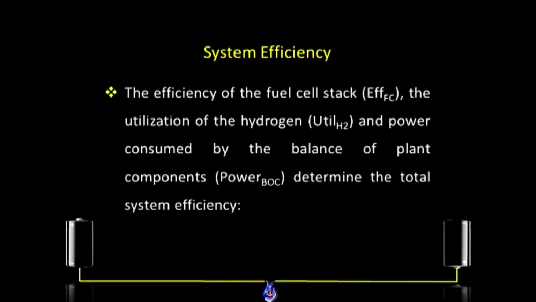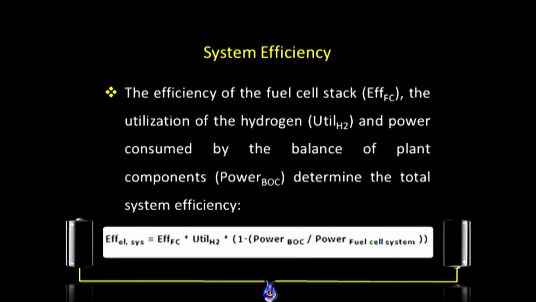The efficiency of the fuel cell stack, that is EFF subscript FC, the utilization of the hydrogen and the power consumed by the balance of plant components determines the total system efficiency. That is, in equation form we can say efficiency is equal to the efficiency of the fuel cell plus the utilization of hydrogen and the power consumed by the balance of plant components.